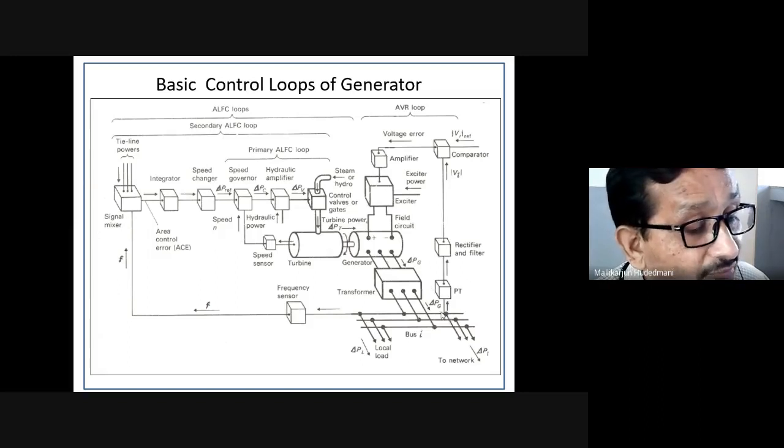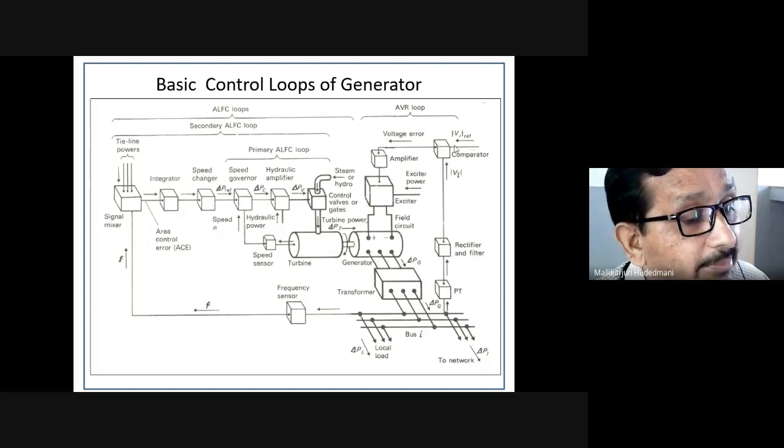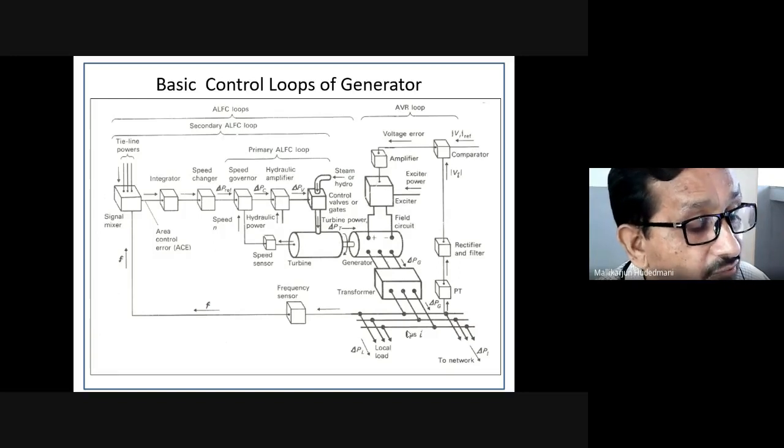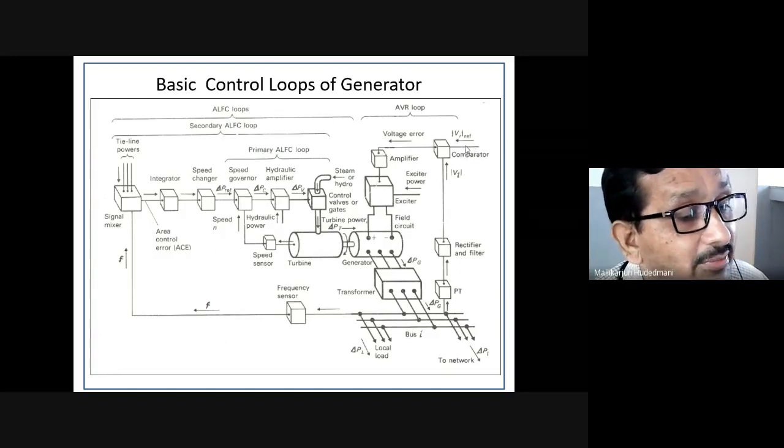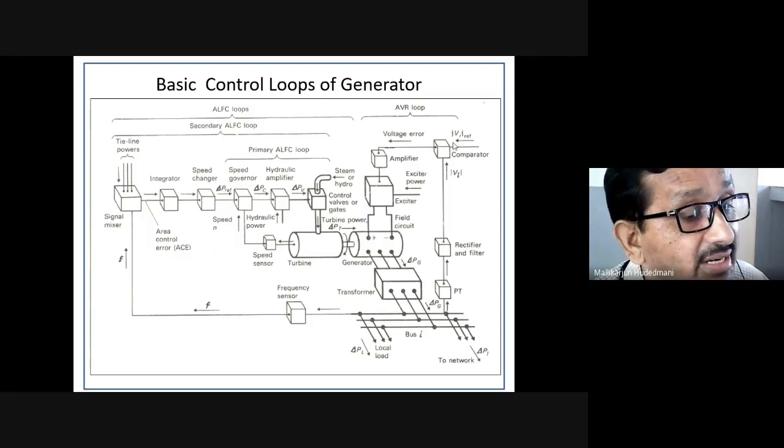So we have a measure of voltage from the potential transformer, and we are converting it to rectified DC. That DC is compared with the required set point, a certain V for this DC requirement. That is compared with the actual value in the comparator.